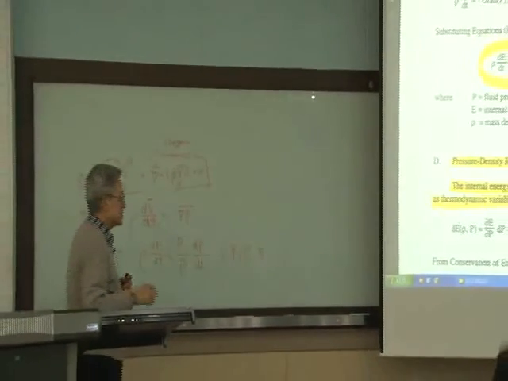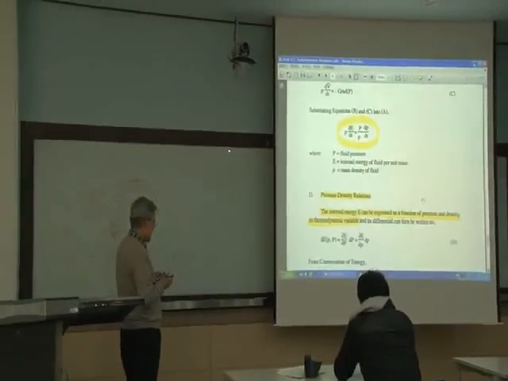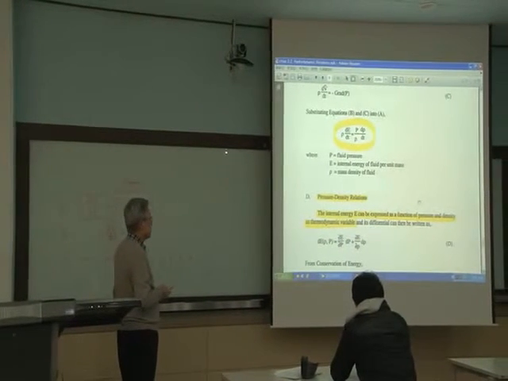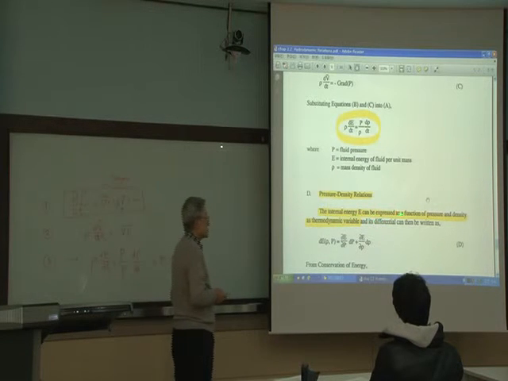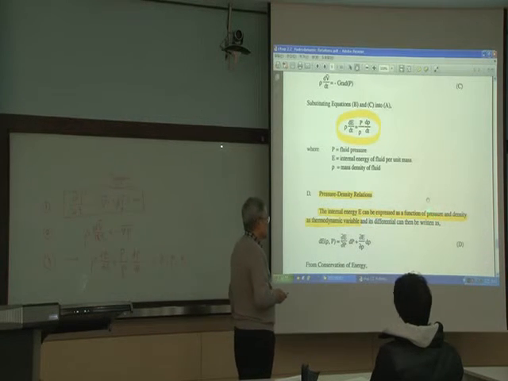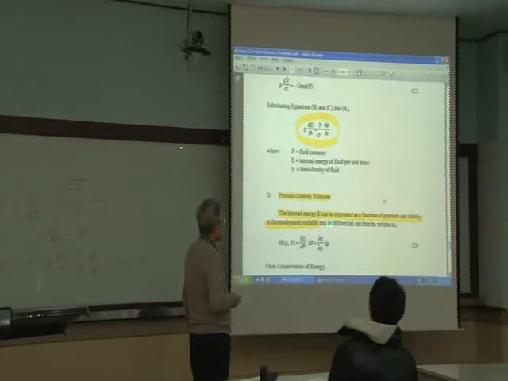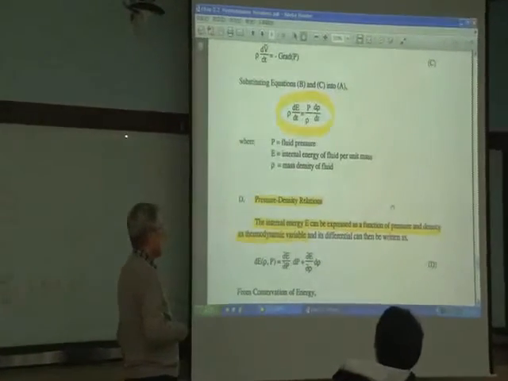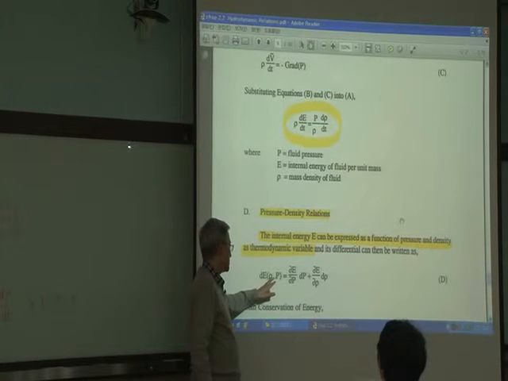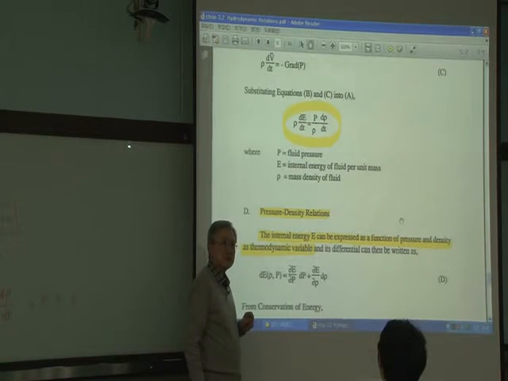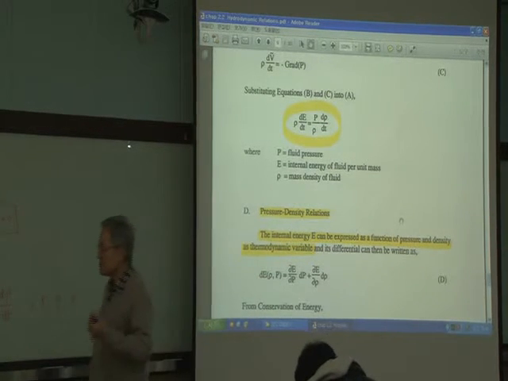You can express E as a function of rho and P. So over here, for the pressure density relations, internal energy E can be expressed as a function of the pressure and the density as thermodynamic variables, and this differential can then be written as this. Two parameters you can use to express the internal energy. Okay. It's very nice.